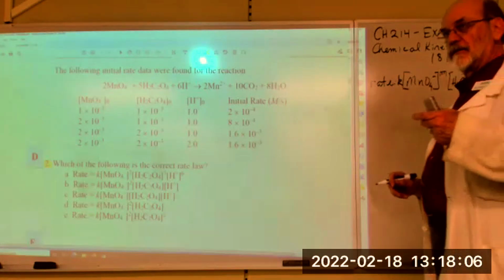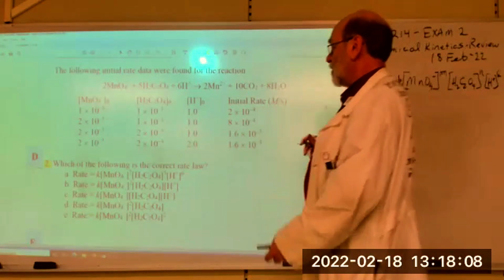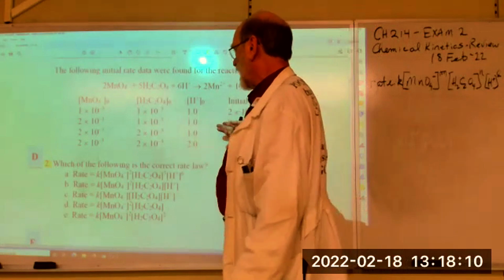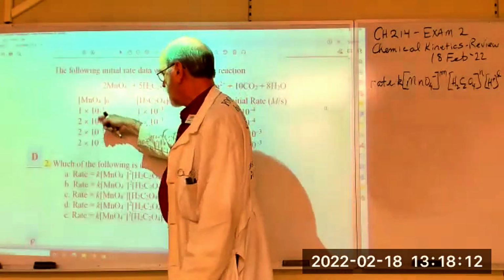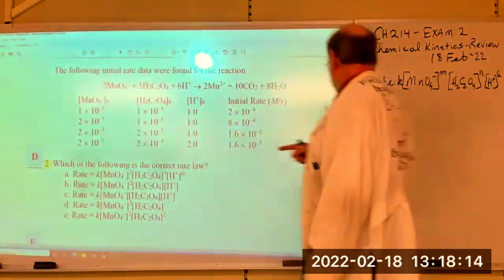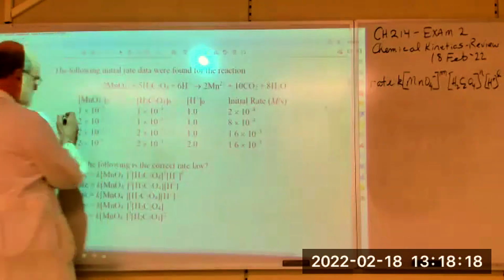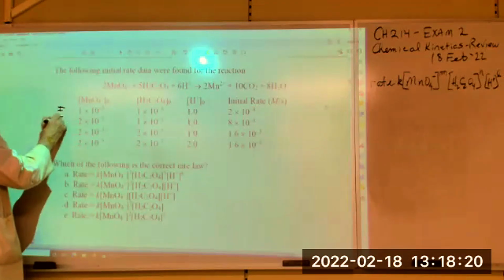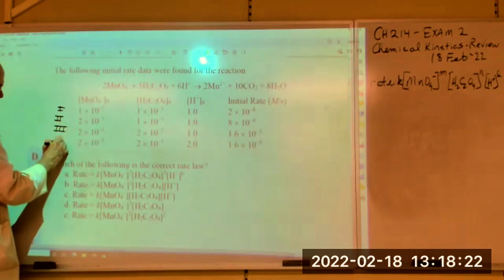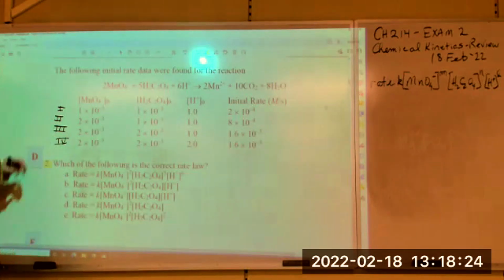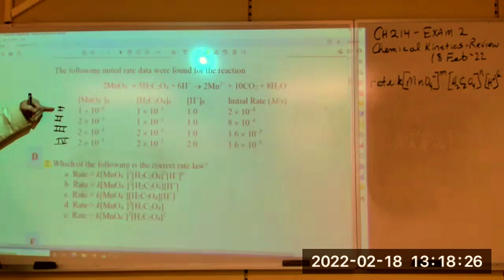We ratio. We ratio any two of the experiments where only one reactant is different. So this is experiment Roman numeral 1, 2, 3, and 4.